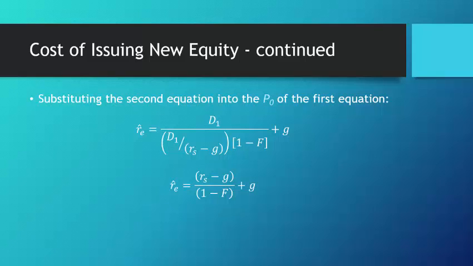As long as F is greater than 0, R sub E is going to be bigger than R sub S in every instance, and it doesn't matter what g is. You can play with that a little to convince yourself, but it is always bigger. So if you get an R sub E that's smaller than R sub S, be sure of one thing: you did it wrong.